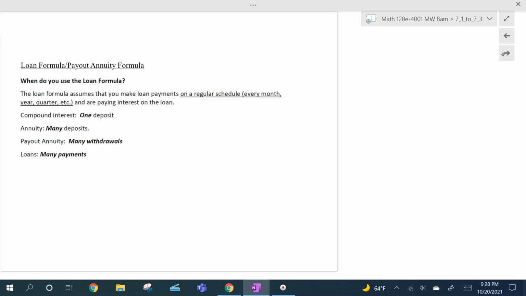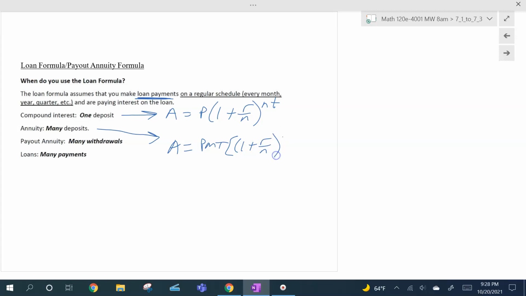So when do we use it? Well, when we're making regular scheduled loan payments, whereas with our compound interest formula, that was when we put a principal amount in, and we just let it sit and grow. The savings annuity, that was when we made regular payments in to the account and let the interest compound.